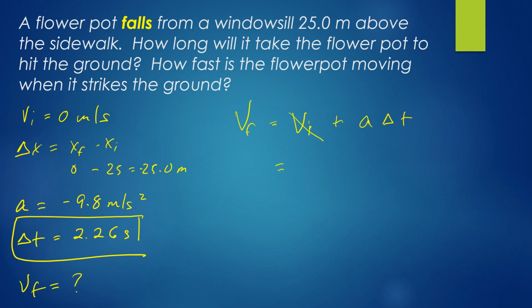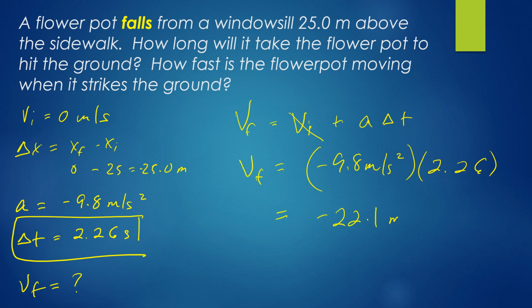Vi is 0. So Vf equals a, negative 9.8 meters per second squared, times time, my 2.26 answer from earlier. And my velocity when it hits the ground is negative 22.1 meters per second. So remember, it's going down, quote unquote, so the velocity is negative.